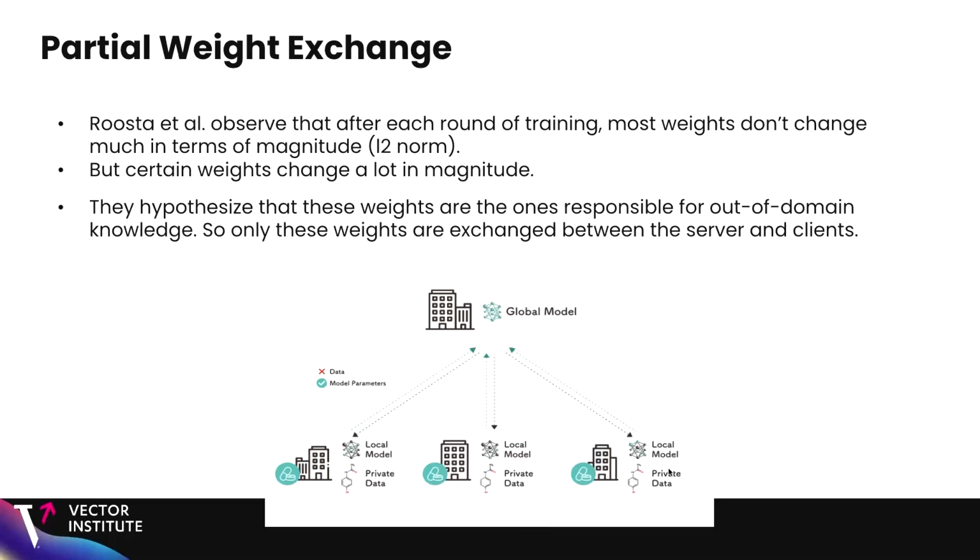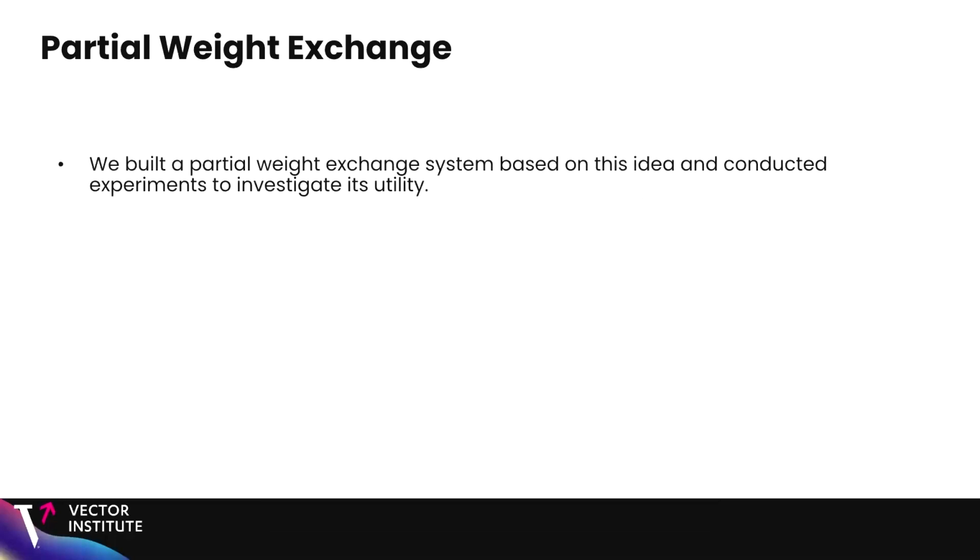If we operate on this hypothesis, then it makes sense to only exchange the weights that change a lot in terms of magnitude throughout training. That's the basic idea behind the algorithm. In this project, we built a partial weight exchange system based on this idea and conducted experiments to investigate its utility.